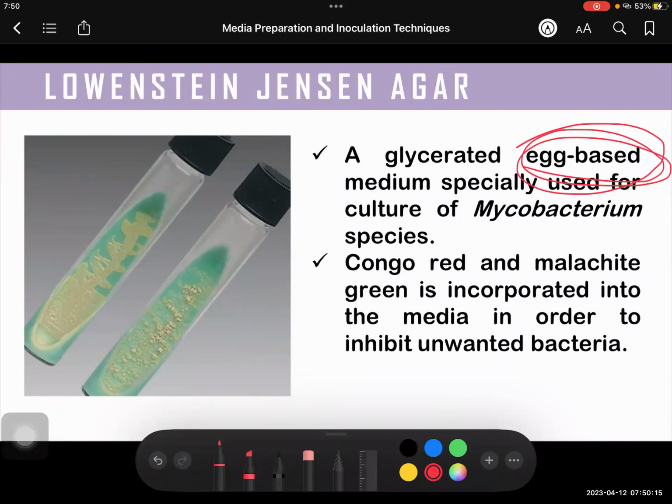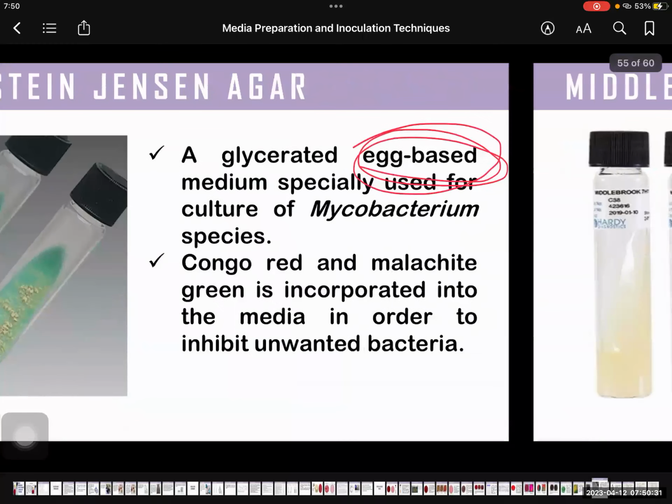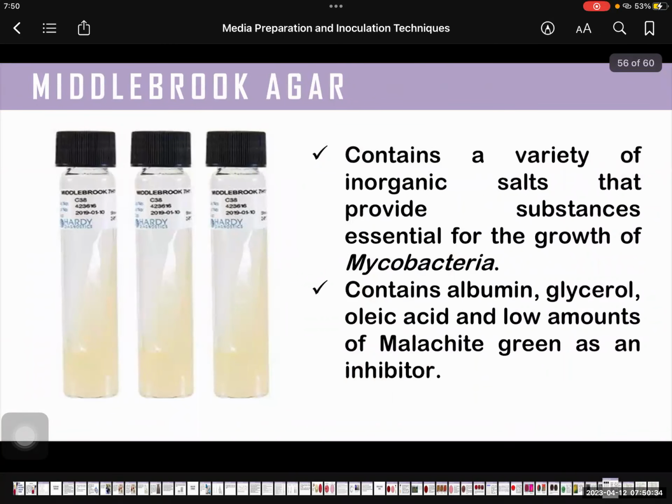And to again promote the growth using the LJ agar, it's fortified with Congo red and malachite green, specifically with malachite green. Kasi lahat ng mga culture media for Mycobacterium has malachite green as an inhibitor to prevent the growth of any unwanted bacteria. So ito naman yung other one. If meron tayong egg-based, meron din tayong protein-based na gel.